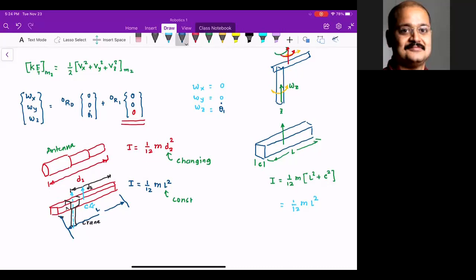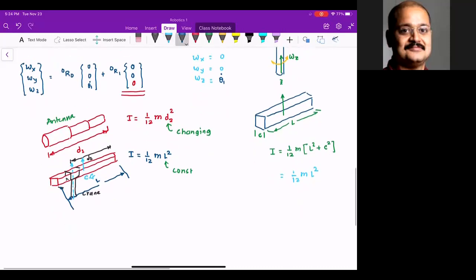Okay, so that being said, I'll go ahead and write down the equation for the kinetic energy of rotation for mass, or link 2.